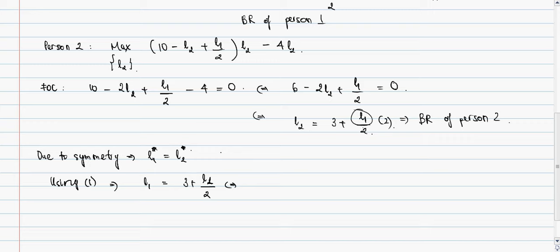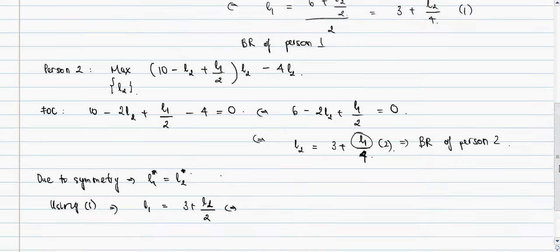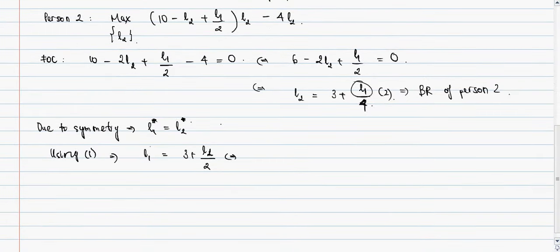Sorry, that should be 4, isn't it? And this should be 4. Therefore 3 on 4 of L1 will be equal to 3, and therefore L1 will be equal to 4.